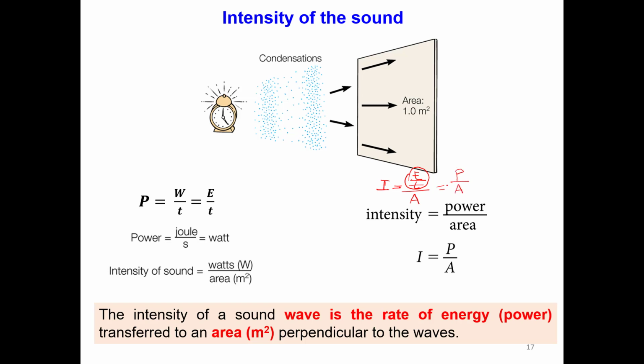This is why we can define the intensity as power over area. Then let's check what the units for intensity are. The unit for power is watts, and the unit for area in the SI system is meter squared. This is why one of the units for intensity, in this case the intensity of sound, is watts per meter squared.